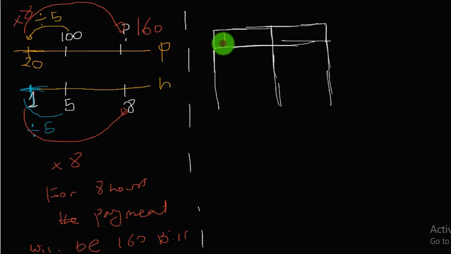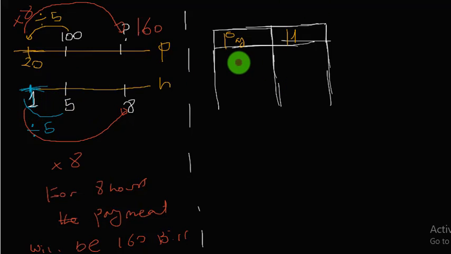So payment is here, P, and the hour is here. I'm going to repeat the same thing here because you have to practice the table also.